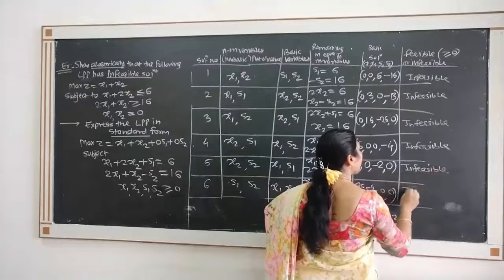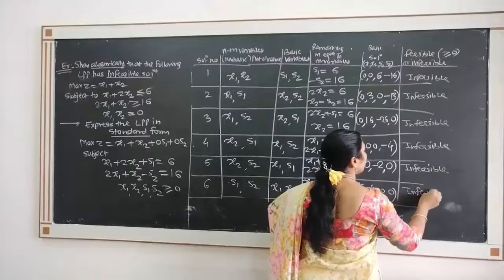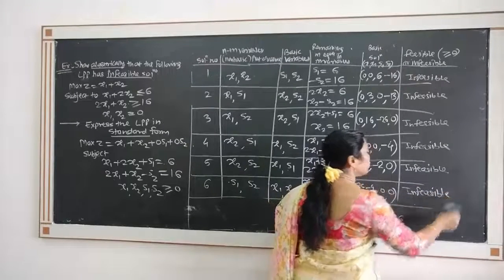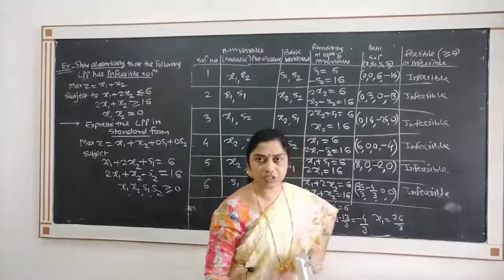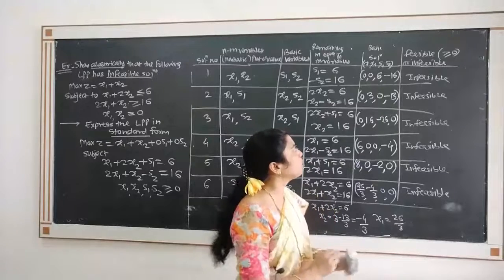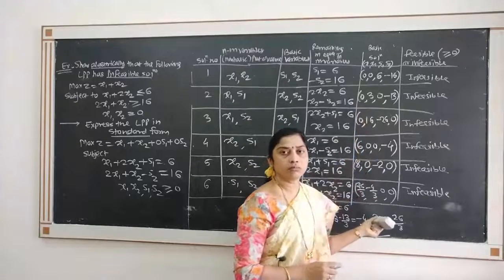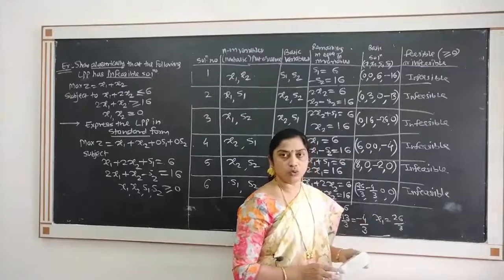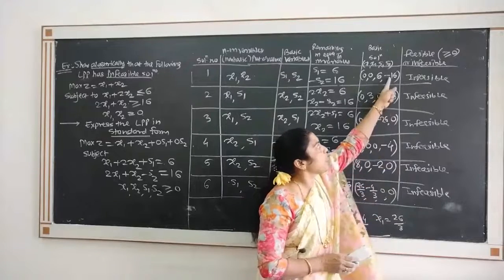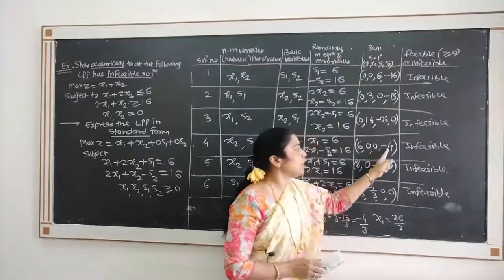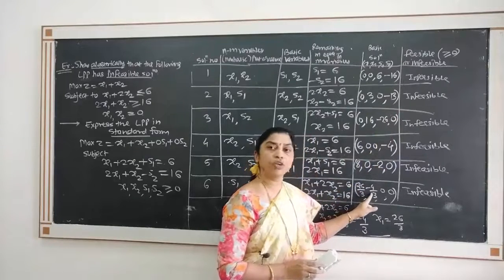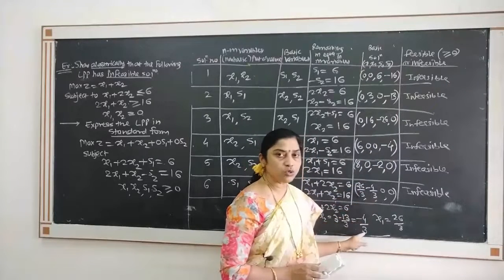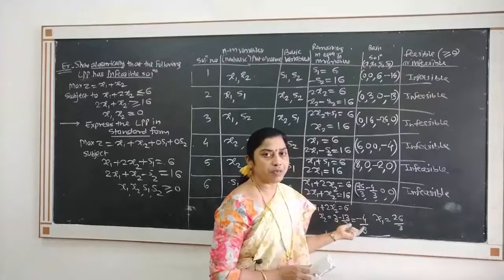Therefore, if you see graphically, you will get that there is no common region, that is no feasible region. So obviously all the solutions come to be infeasible solutions. Why are they infeasible? Every solution contains a negative value of a variable, which means that solution is infeasible.